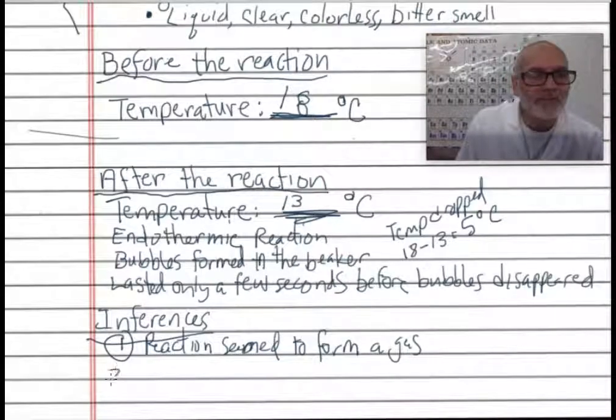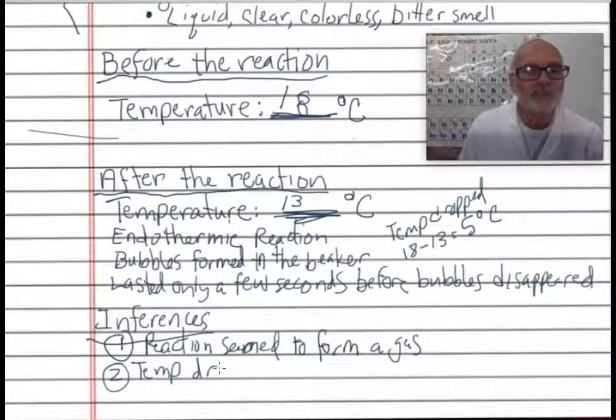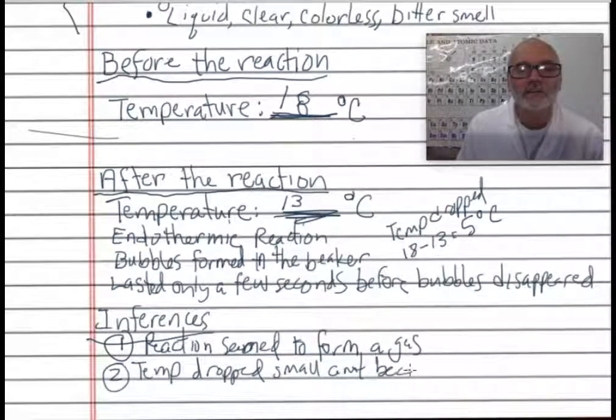A second inference I had, you might have had other ones, is that I think I'm going to kind of improv or shorthand this. Temp dropped, small amount, because not enough baking soda.